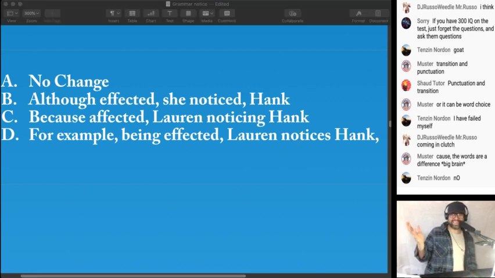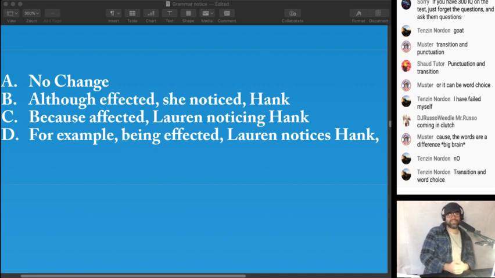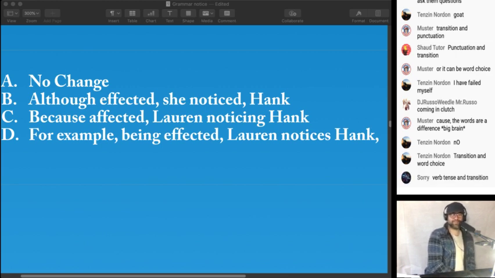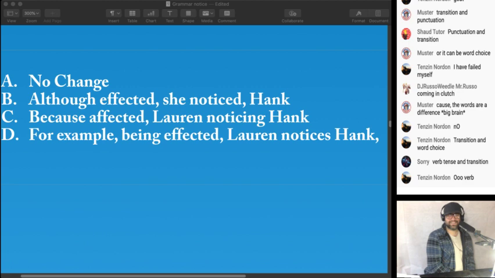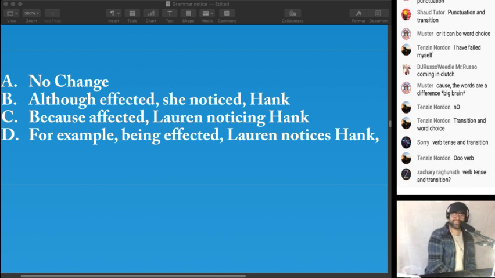What's being tested, guys? Put it all in one comment. What concepts are being tested here for this one? Just transition and word choice? Just verb tense and transition?